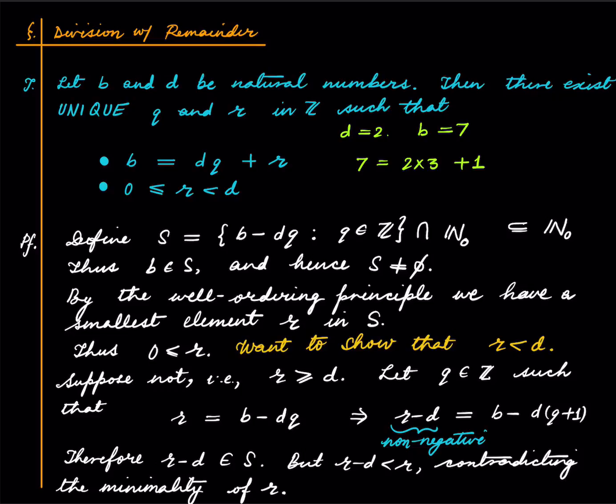Basically, we have proven that there do exist q and r such that this happens, but there is one more thing in the proof, which is the uniqueness. So far we have just given the proof of existence. So we need to give a proof of uniqueness.